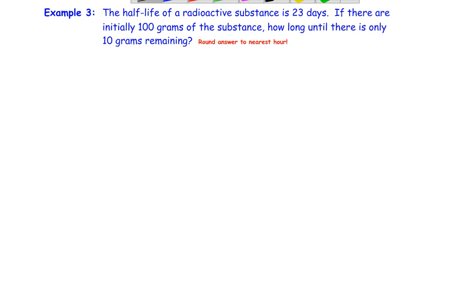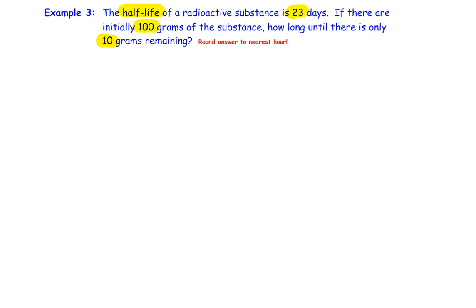So what we're going to try to find here is how long it will take to go from 100 grams of this substance, which will be our starting value, down to 10 grams, our final value. And again, the key is the half-life over 23 days. Now the nice thing about a half-life is that it tells you what number to use as the base in your power.